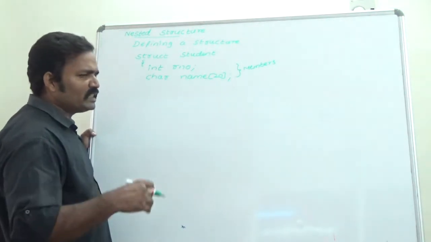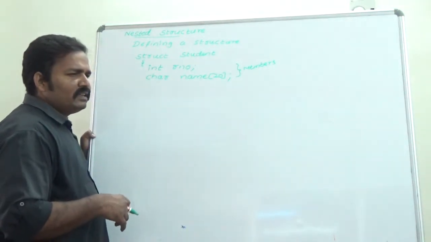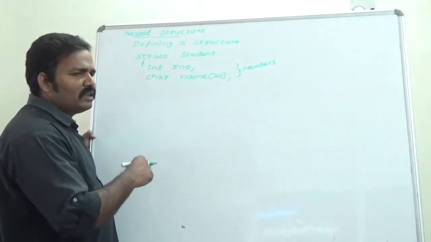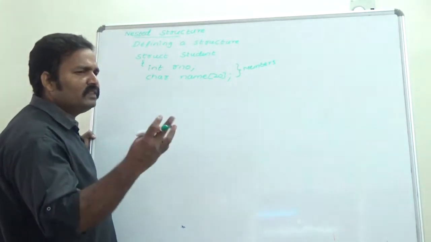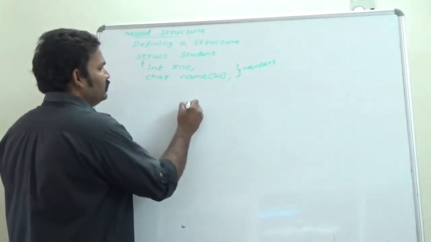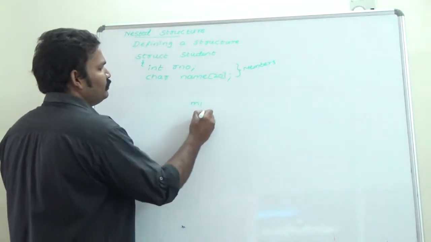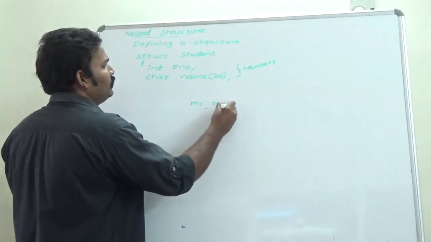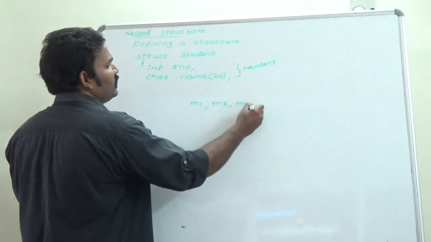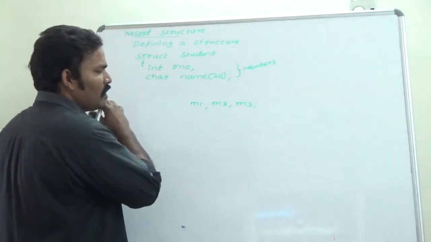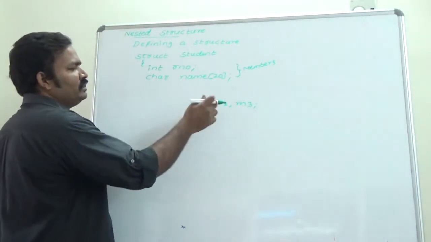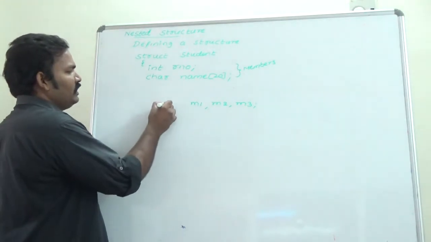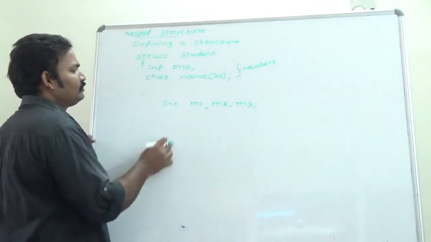To store 3 subject marks, how many variables are required here? 3 variables. M1 is the variable, comma M2, M3. So these 3 are the variables to store 3 subject marks. Here the data type is int.